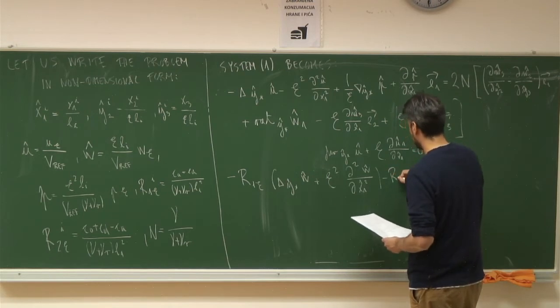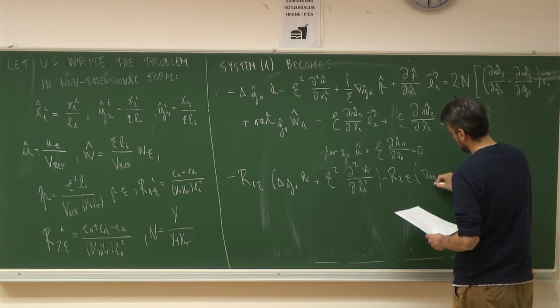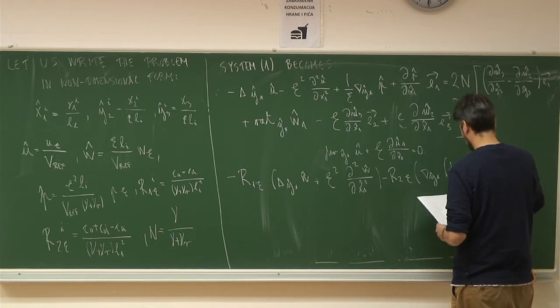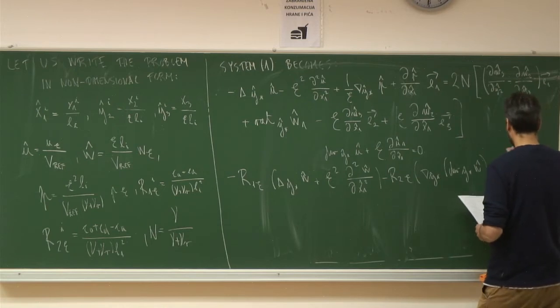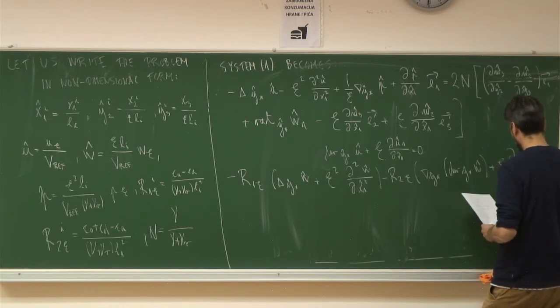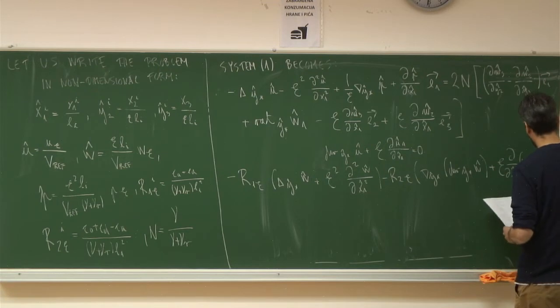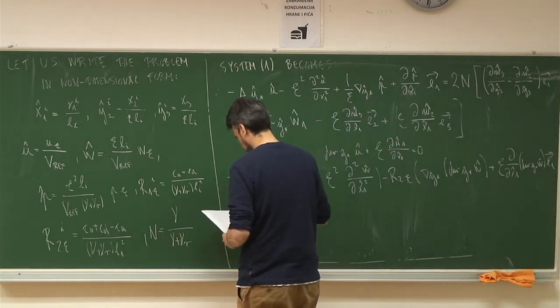Then you have from the gradient divergence rescaling, so gradient divergence plus epsilon d over dx1 kappa, okay plus epsilon.